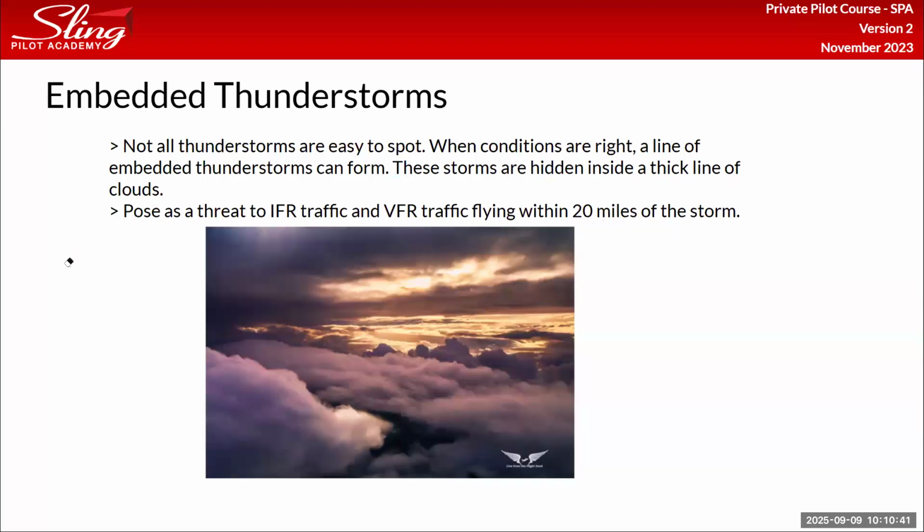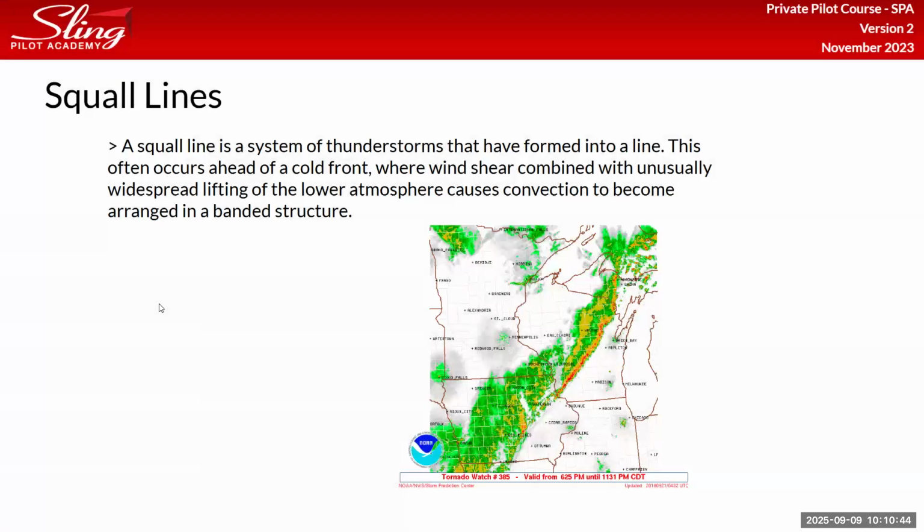Let's keep going. Okay, back to squall lines that I mentioned before. Here's what it looks like on the radar. I'm sure you've seen this on the Weather Channel radar before. It's a system of thunderstorms that has formed into a line.